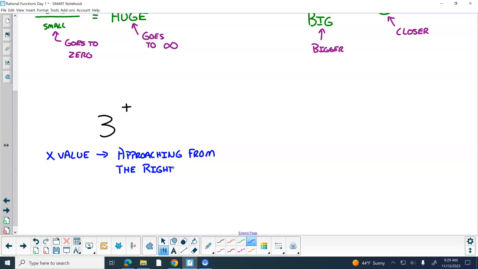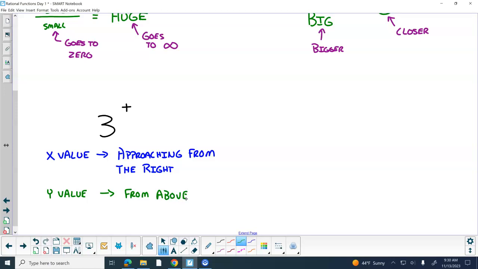If I'm dealing with a y value, I would be approaching it from the top or from above. So if it's a y value that I'm getting closer and closer to, I'm getting closer to it from above. And coming down on 3, but I'm not going to cross it.